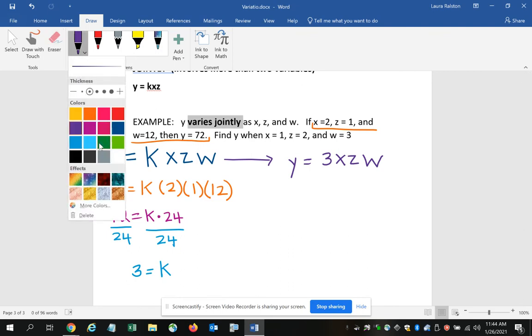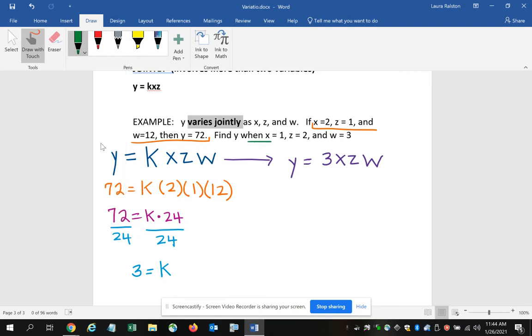Then from there, plugging and chugging, when x is 1, z is 2, and w is 3, I can find y. So I have y equals 3, which is k, times 1 for x, 2 for z, and 3 for w. So 3 times 1 is 3, times 2 is 6, times 3 is 18.